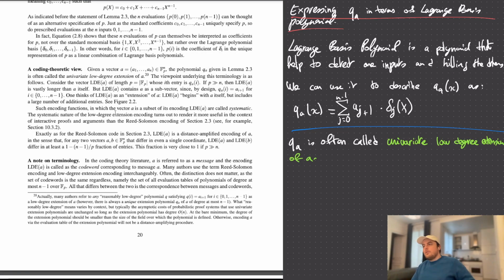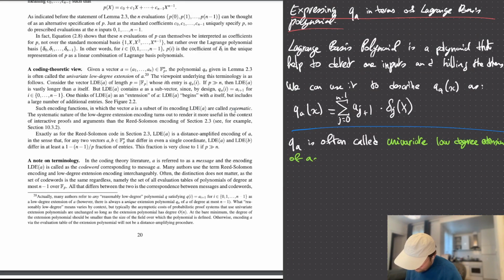Such an encoding function, in which the vector A is a subset of its encoding LDE of A, is called systematic.